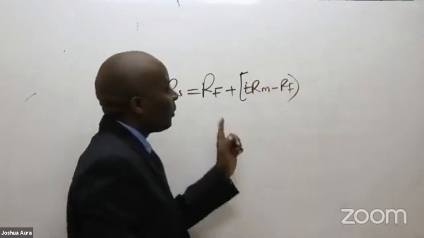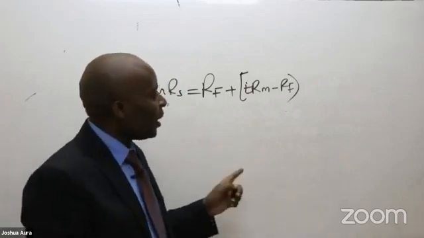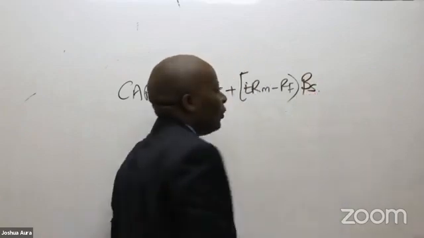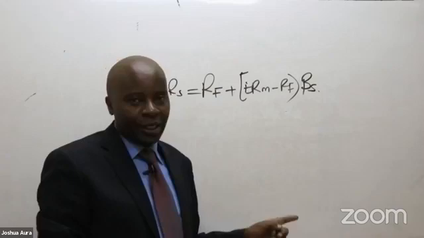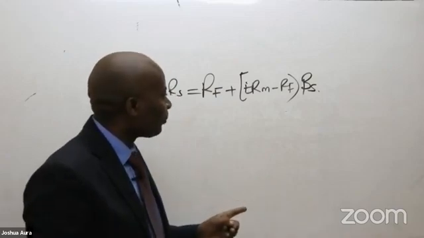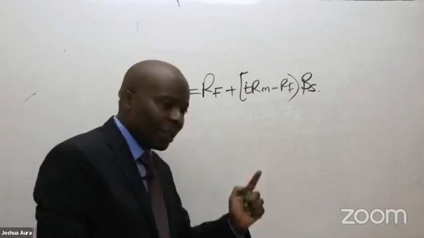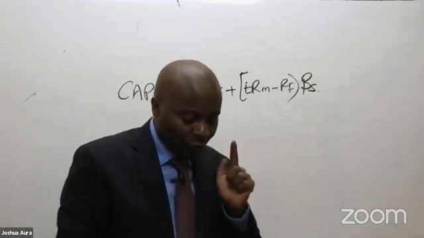So we have expected returns of the market minus risk-free, and then outside here we have beta of the security. Then what we shall do, my great students, is to determine the CAPM returns of all those assets, which will begin with A.